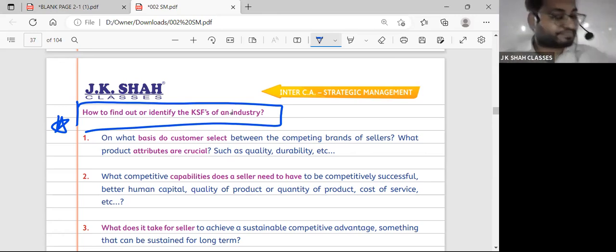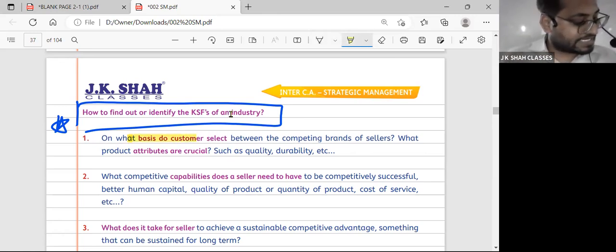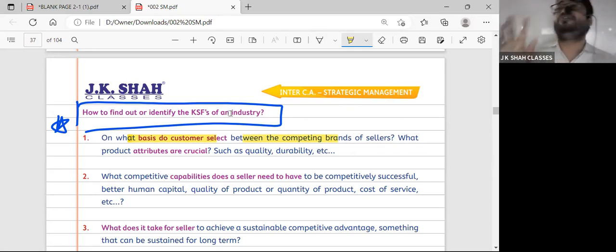Look at this. On what basis do customers select between competing brands? Features. So what were the features for the mobile phone? We wrote eight features. Number two, what capabilities does a seller need to have?